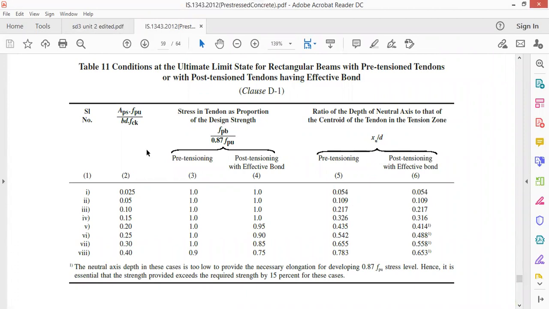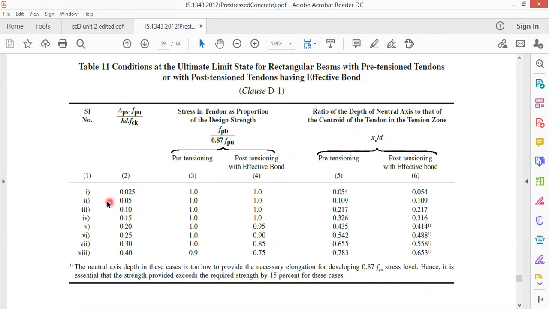As I said, I will now calculate this parameter APS into FPU divided by BD into FCK, and what I need to obtain is FPB divided by 0.87 FPU, and I will be obtaining this XU by D. Let's take an example.